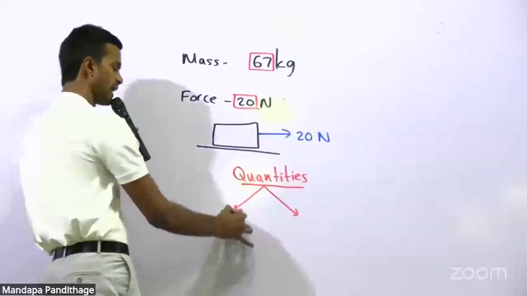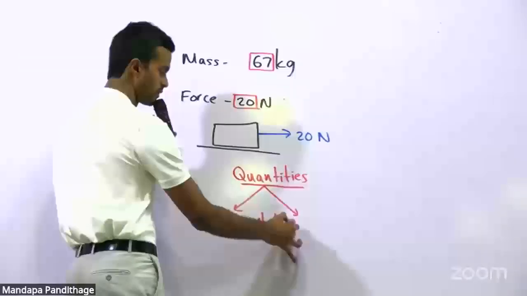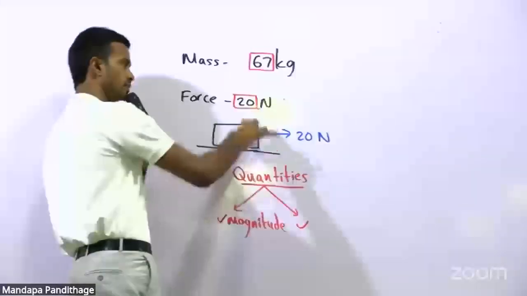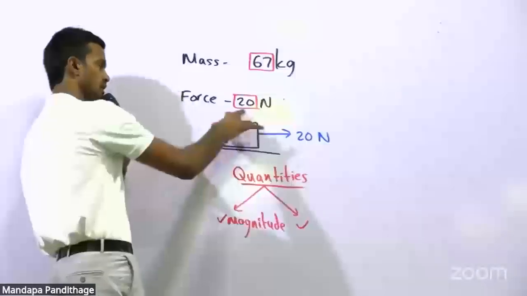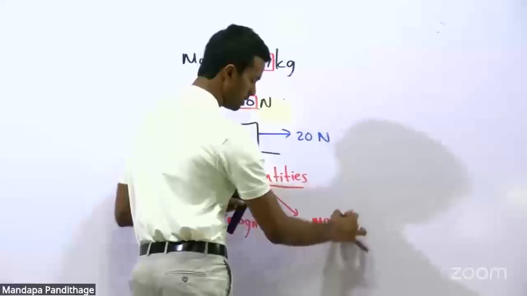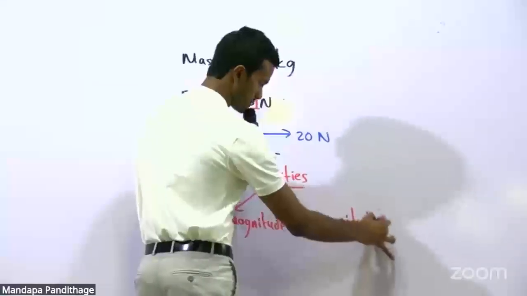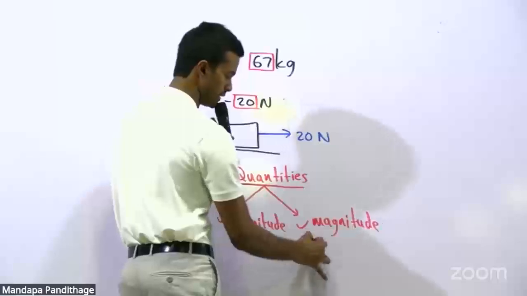We only have the magnitude. But now it's clear there are some quantities where only the magnitude is not sufficient. So some quantities should be given in terms of the magnitude plus the direction.